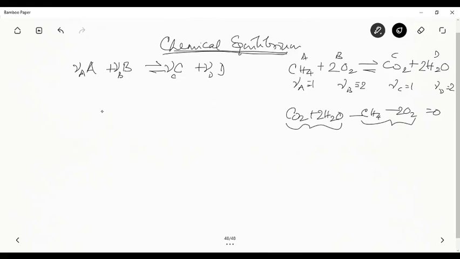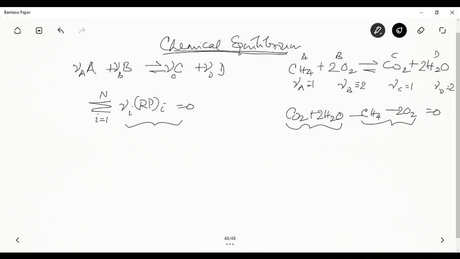So this is the way we write, and therefore you get a symbol which is summation from i equal to 1 to n of all the species, mu i into RP i equal to 0, where RP stands for reactant or product, right? If it is a reactant, then you have a negative mu, and if it's a product, you have a positive mu. This is the way the reaction is in general represented.